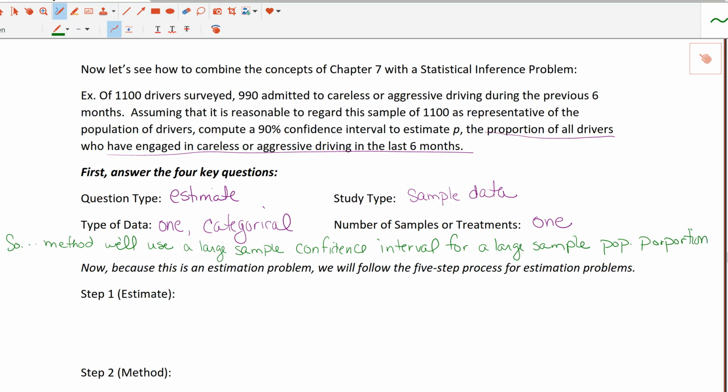But if you go back and look on page 116, you can see how answering the 4 key questions as estimation, sample data, one variable, one categorical variable, and one sample size tells us that's what we want to do. So let's go back and look at that right now.